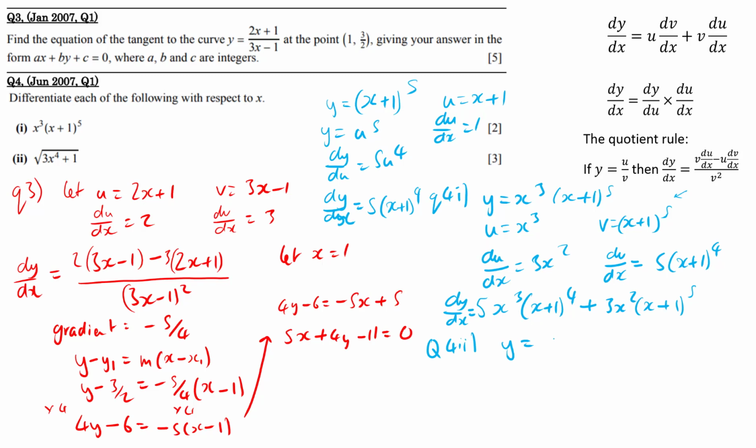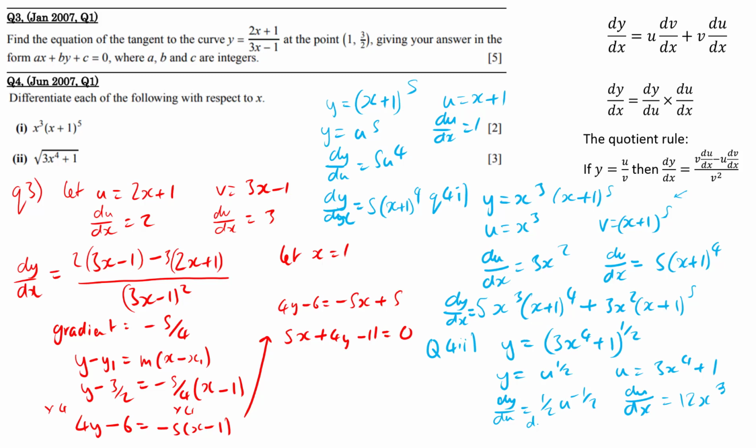I'll just rewrite this as y equals (3x to the 4 plus 1) to the power of half, and then use the chain rule. So essentially y equals u to the half, u equals 3x to the 4 plus 1, so du/dx equals 12x cubed, and dy/du equals a half u to the minus a half.